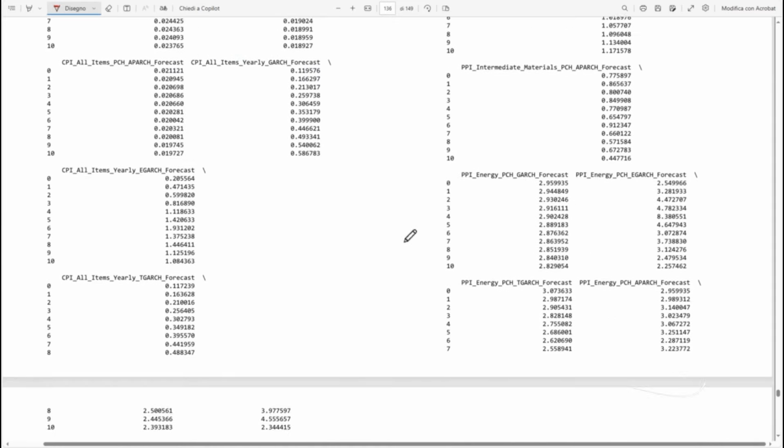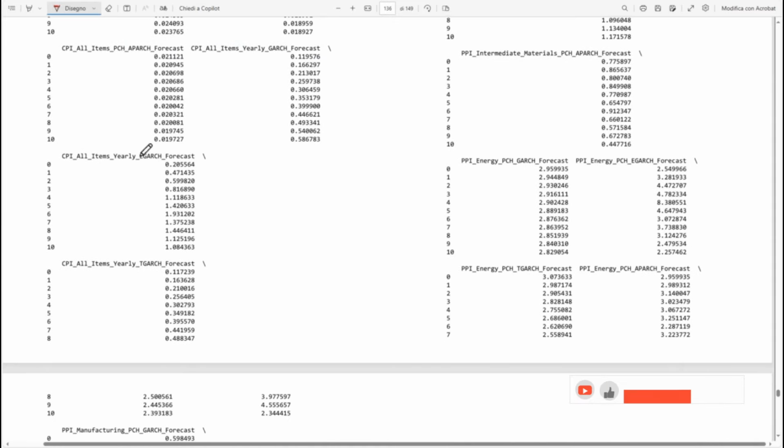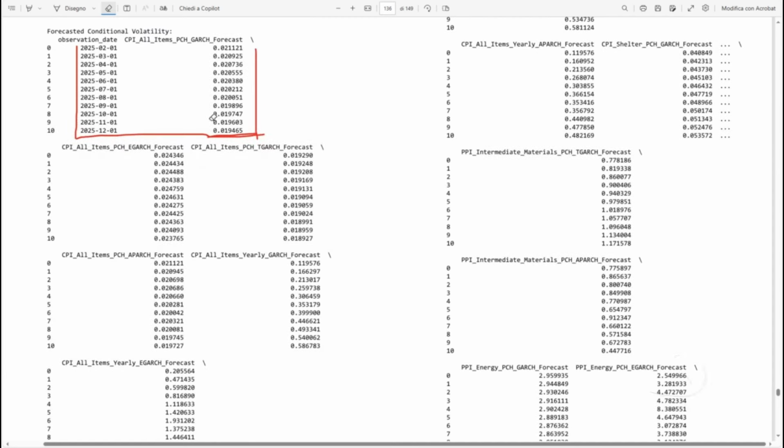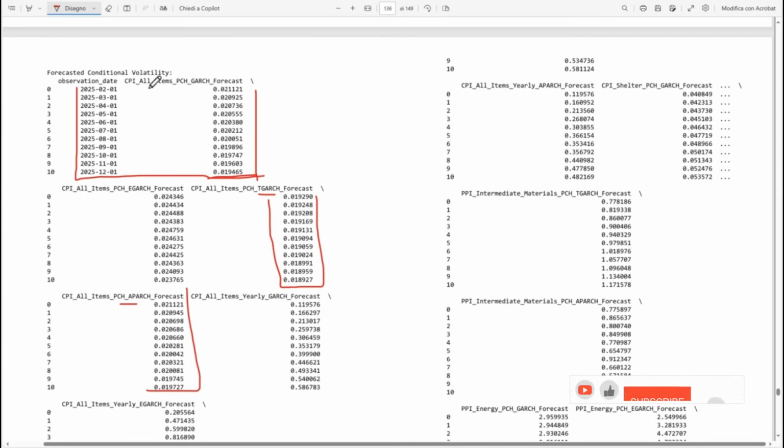So some parameters, see the EGARCH model, they are huge. There's too much of a discrepancy with the other models. So what I would consider is the GARCH model or the TGARCH model and the APARCH results, and I will compare them. For example, we can see here conditional volatility CPI all items 0.02.